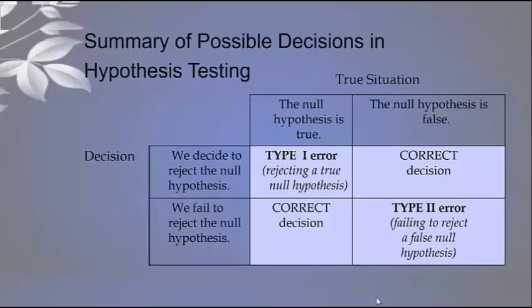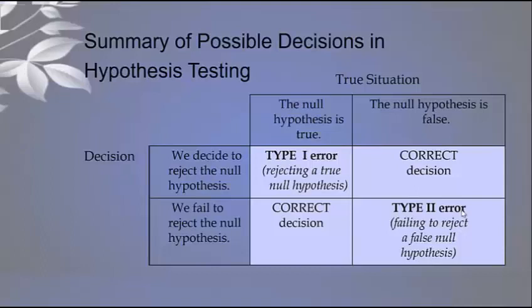So this is the summary of possible decisions in hypothesis testing. The decision is on this side, and the true situation is on this side. If we decide to reject the null hypothesis when the null hypothesis is true, then we are committing type 1 error, that is rejecting a true null hypothesis. If the decision is rejecting the null hypothesis when it is false, then the decision is correct.